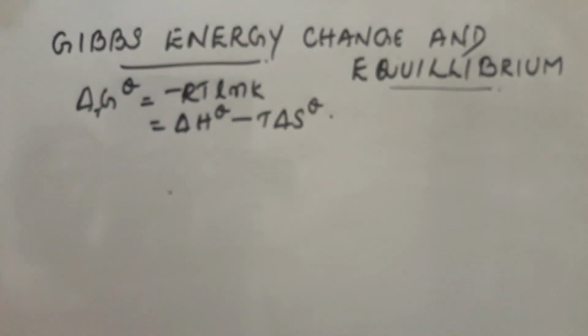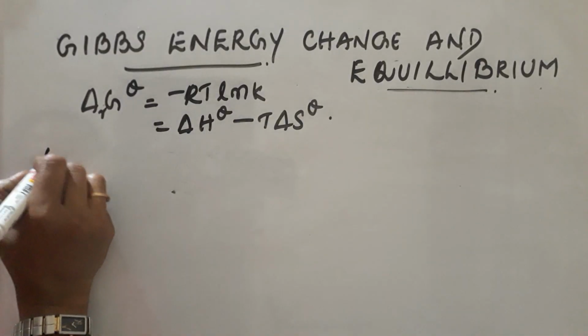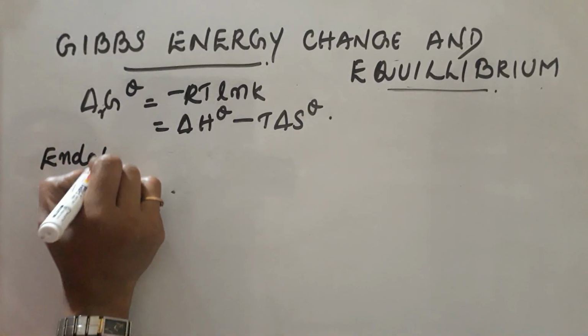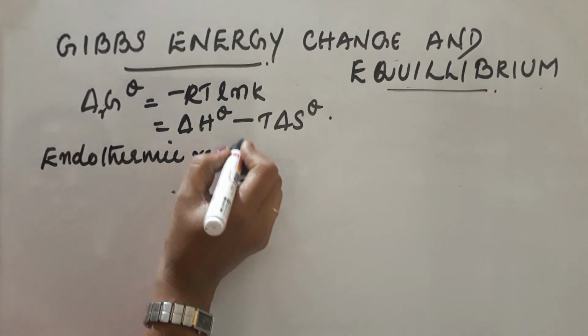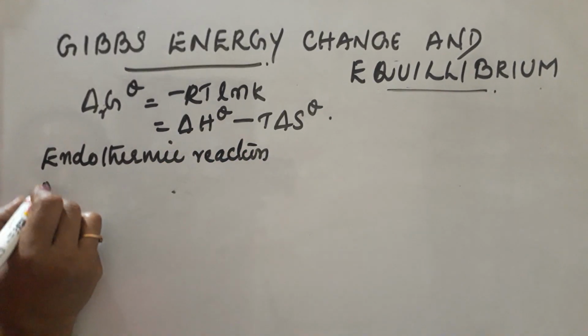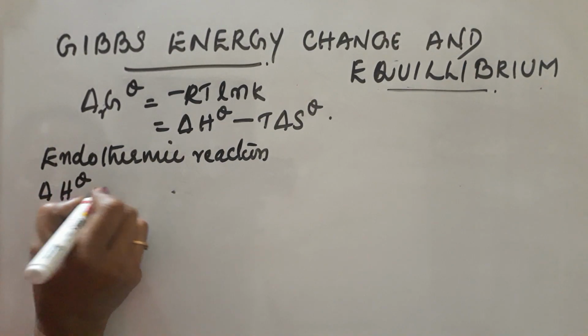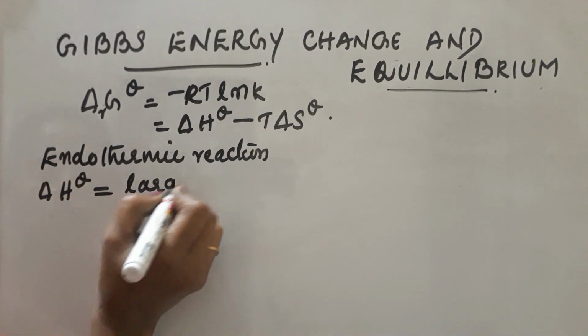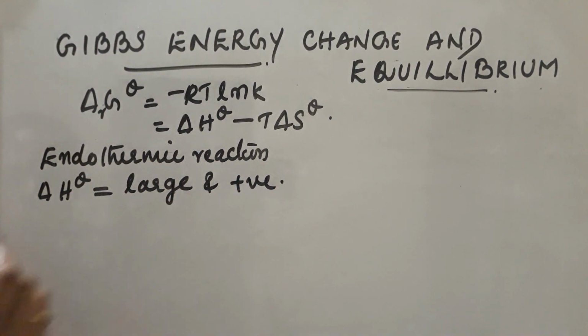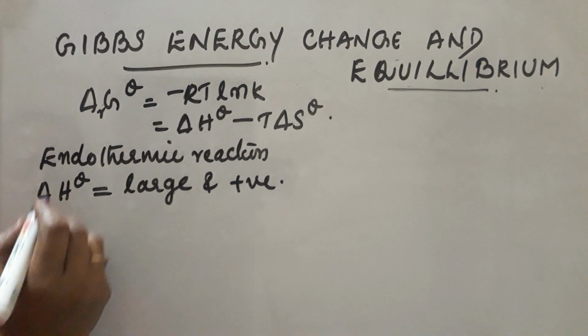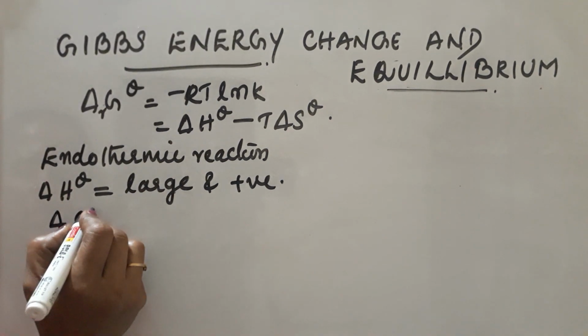Now, if it is an endothermic reaction, we know delta H is large and positive. It is a positive value. So what happens to delta G of R?